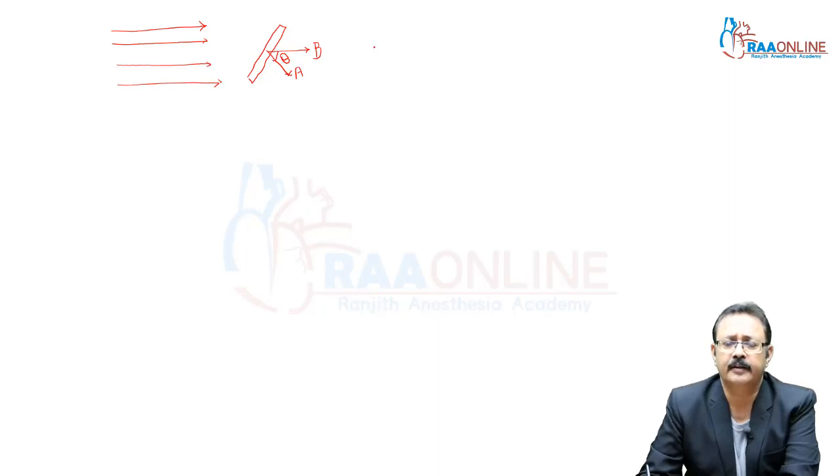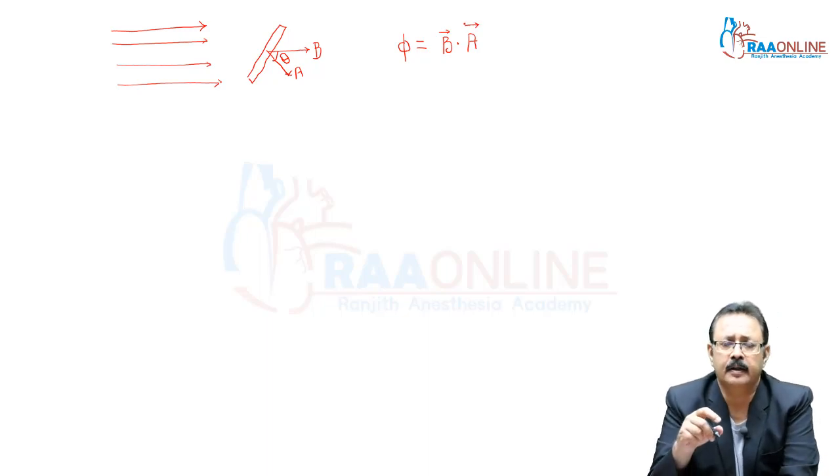We know that flux related to coil is B dot A. In previous units, I told you that the SI unit of flux is Weber and CGS unit is Maxwell. 1 Weber means 10 to the power 8 Maxwell.